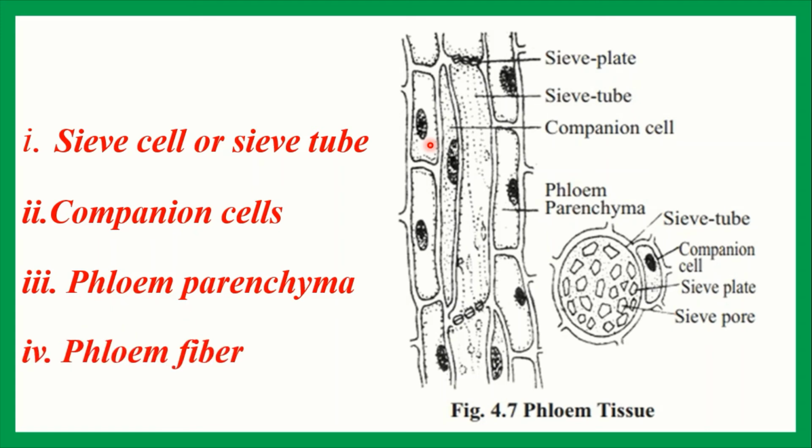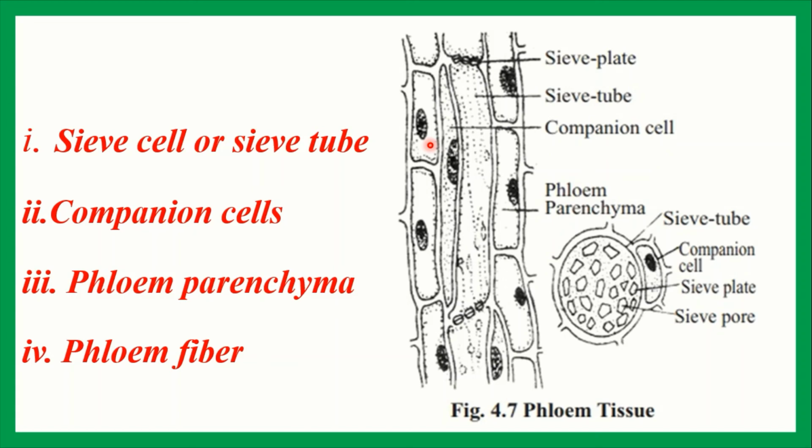Last one is phloem fiber. The sclerenchyma cell associated with phloem is known as phloem fiber. It is a very elongated, thick-walled cell. It has simple pits in the wall. It is a dead cell. Phloem fiber is known as bast fiber because phloem fiber is very hard.